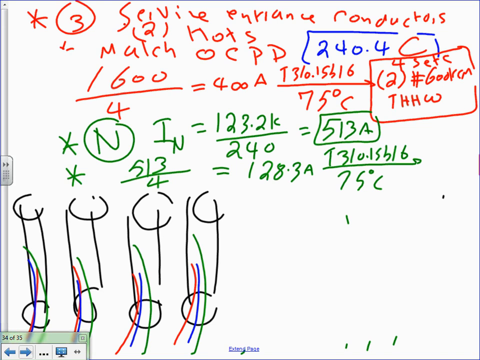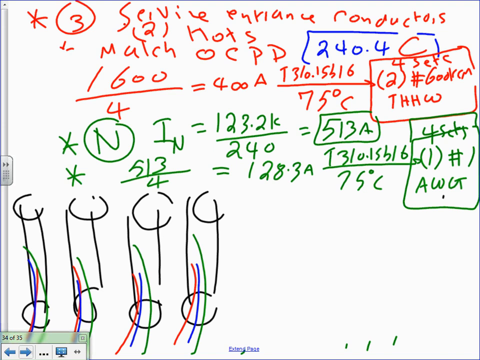How many conductors and what size? One conductor. What size? Number 1 AWG. And how many sets? 4 sets. Okay, up to this point we're cool, except we have one little problem.